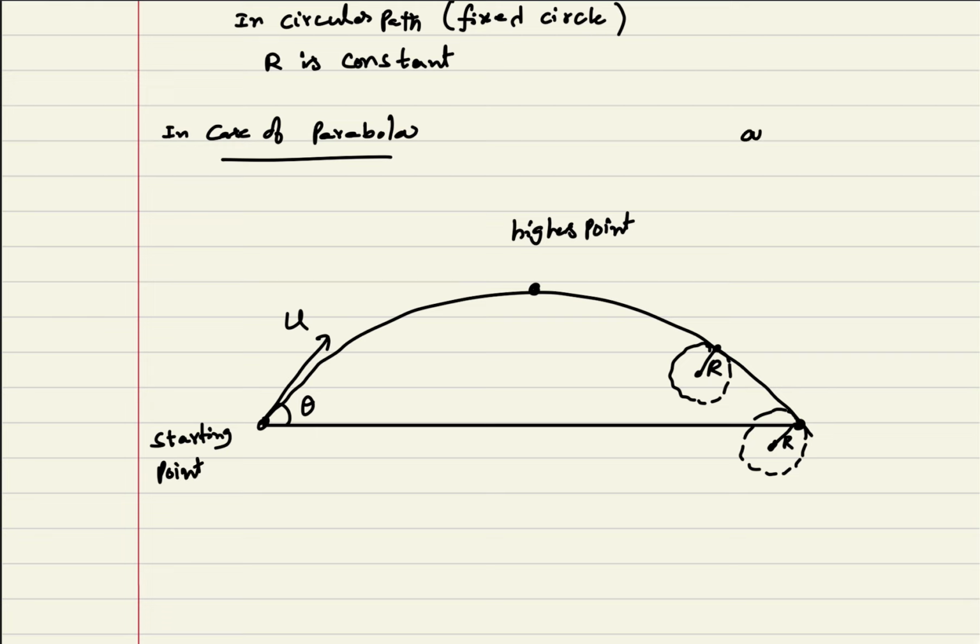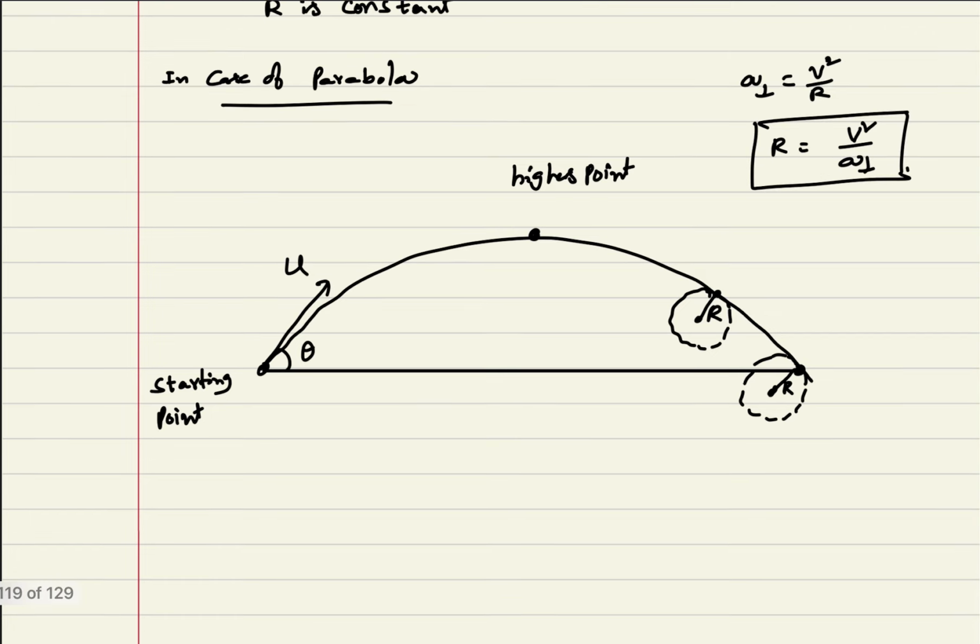As you know, centripetal acceleration a perpendicular is equal to v square divided by r. Or you can write r is equal to v square divided by a perpendicular, or v perpendicular square by a also. By using that relation, as g is in the vertically downward direction, we can take the circle here, with the center somewhere here.